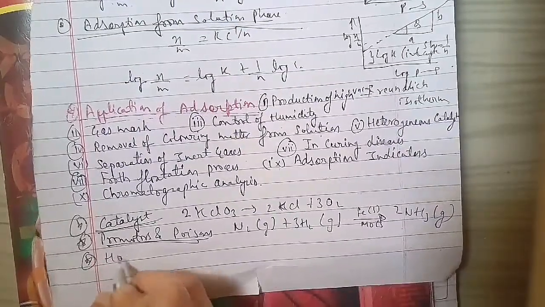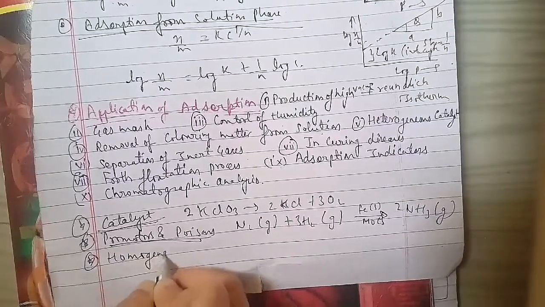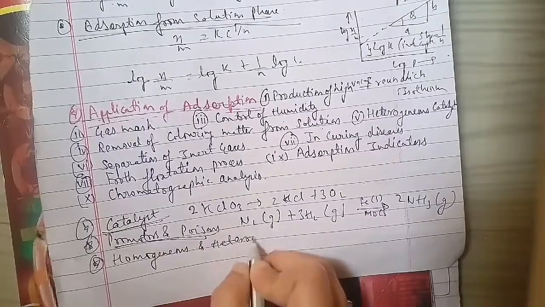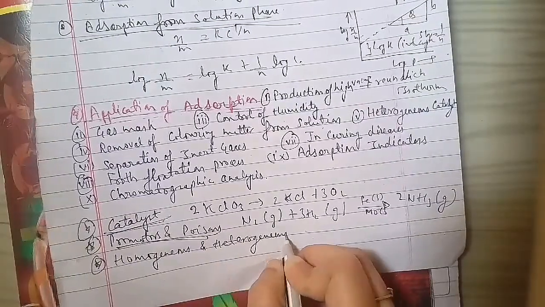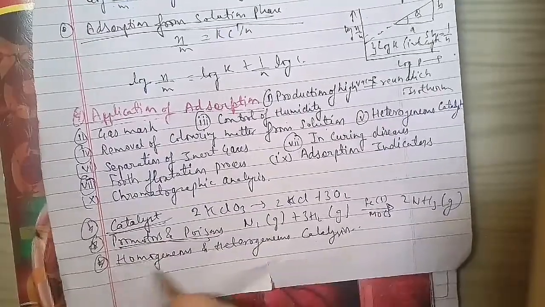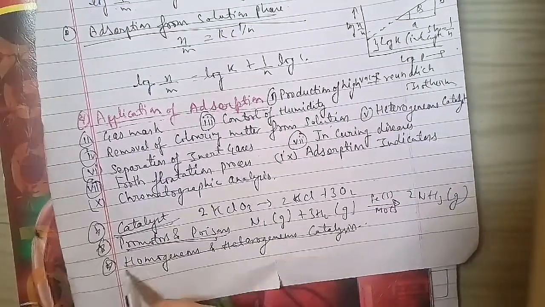Following are some examples of homogeneous catalysis. The oxidation of sulfur dioxide into sulfur trioxide with dioxygen in the presence of oxides of nitrogen as the catalyst in the Chamber process.